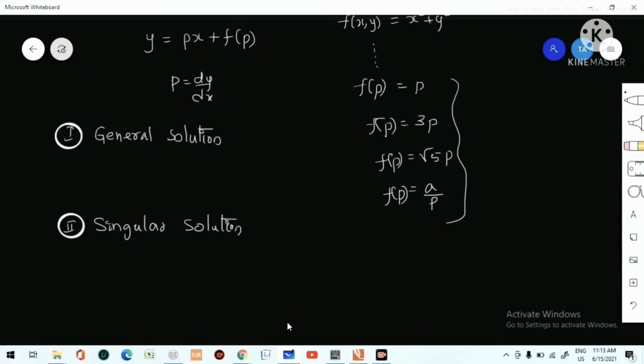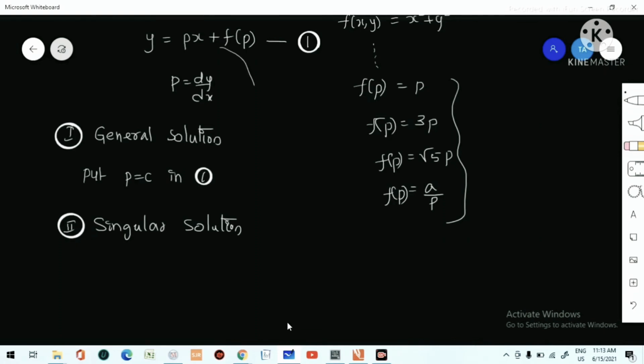General solution is a very easy step, you only have to make one change. Put p is equal to c in equation number 1, which is our given equation.